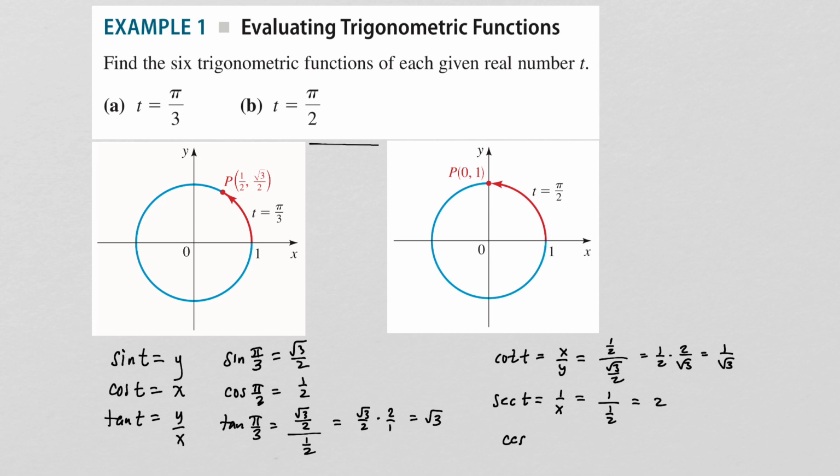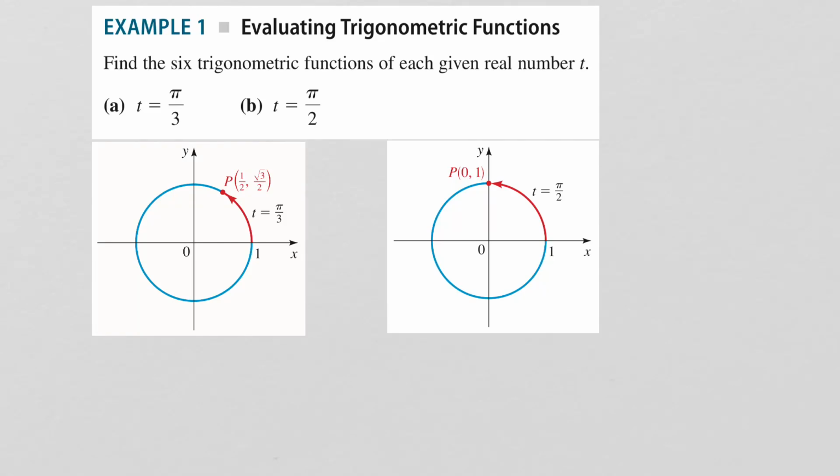And cosecant of t is 1 over y, and that is 1 over radical 3 over 2, which simplifies to 2 over radical 3. Just for clarity, I really should be putting the value pi over 3 in for t here, but these are the 6 trigonometric functions of the value t equals pi over 3.